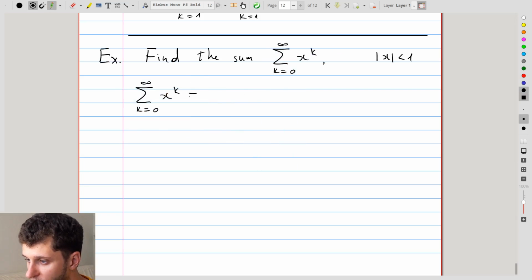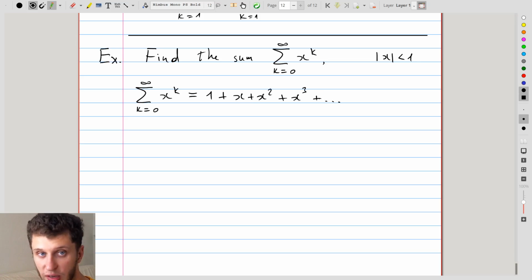It starts off with 1 plus x plus x squared plus x cubed, and so on. You can see that the ratio of every pair of consecutive terms is always x. So x to 1 is x, x squared to x is x, and so on. So the common ratio r is equal to x in this case.